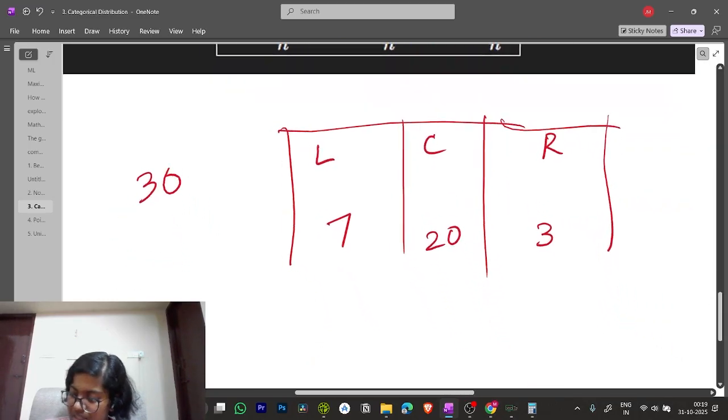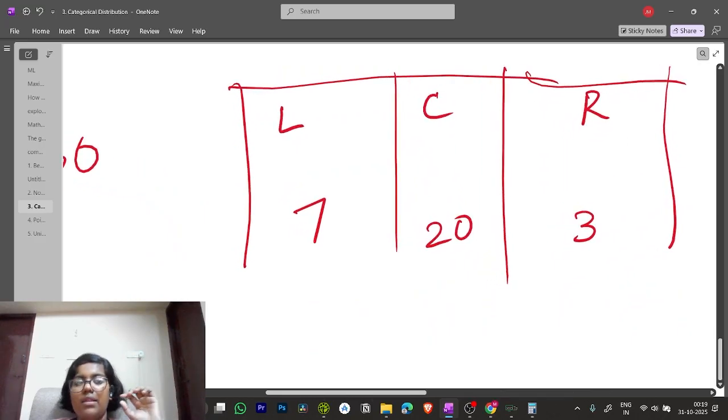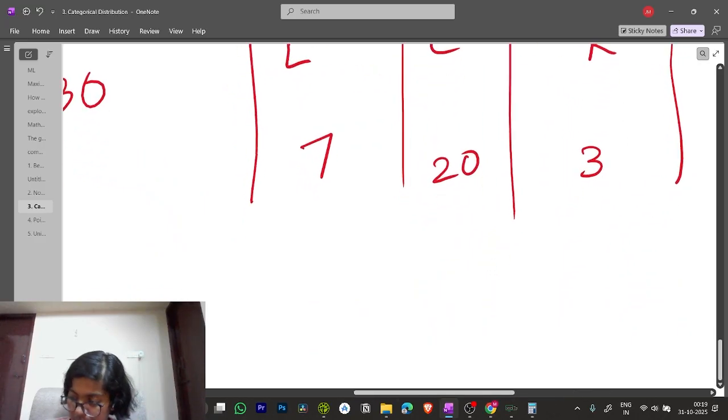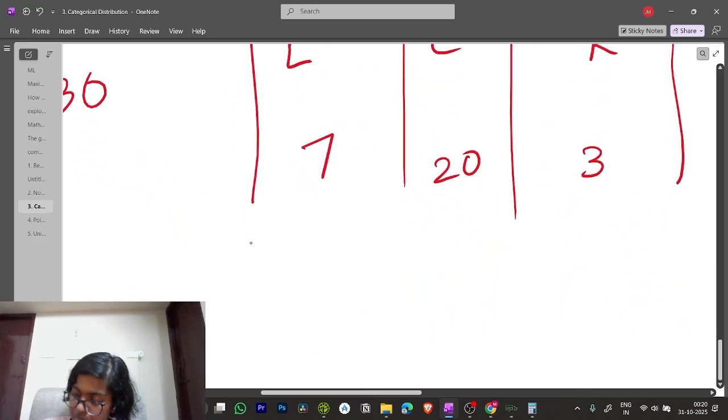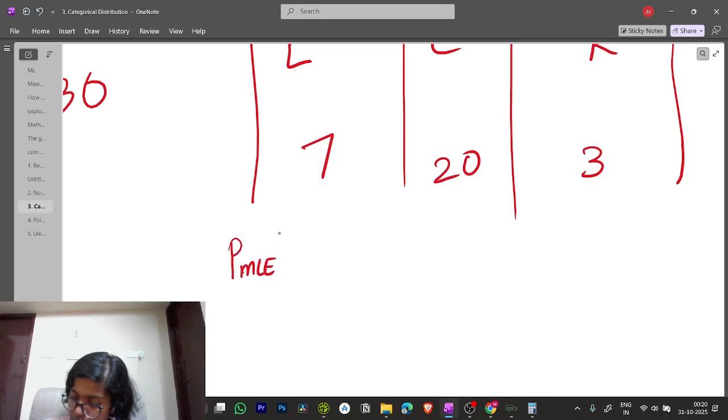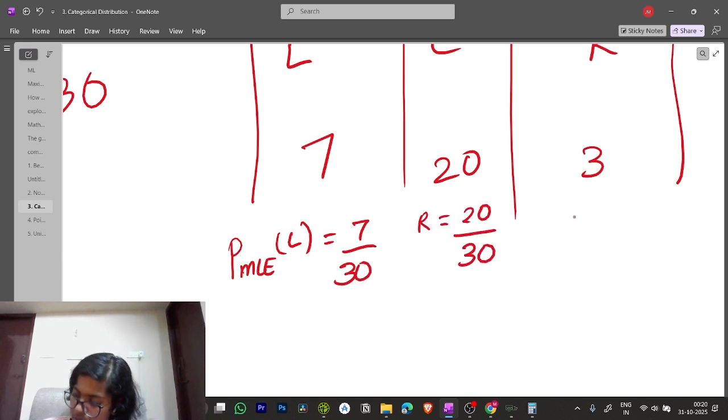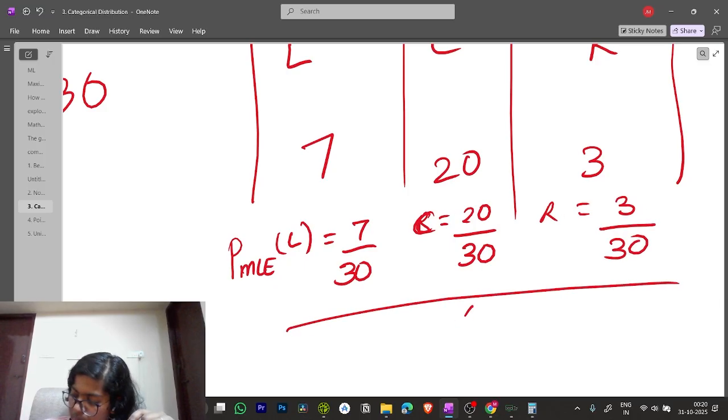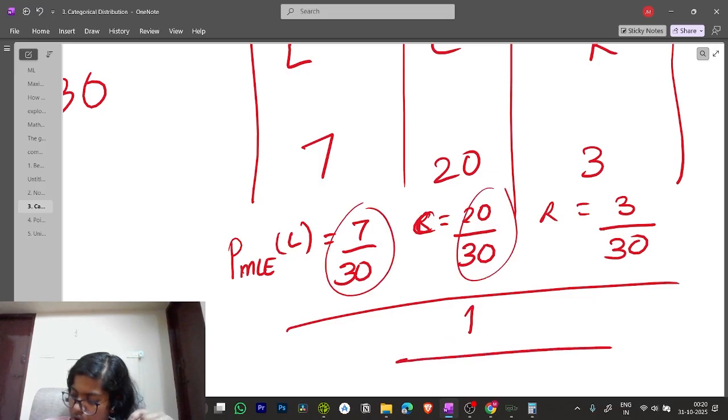So the maximum likelihood probability of it going left is 7 divided by 30, for center it is 20 divided by 30, and for right it is 3 divided by 30, and the sum of all of these will be equal to 1.